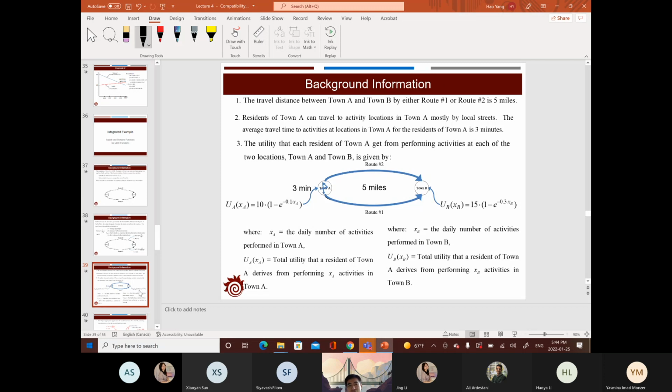Especially when the number of activities is too high, it probably does not mean that the utility can gain significantly. You just need to make sure that the utility function is insatiable, and is only related to the number and the type of the activities, not related to the price. Okay.